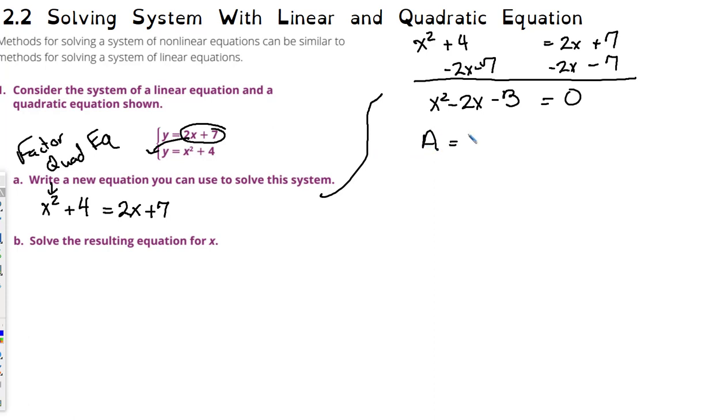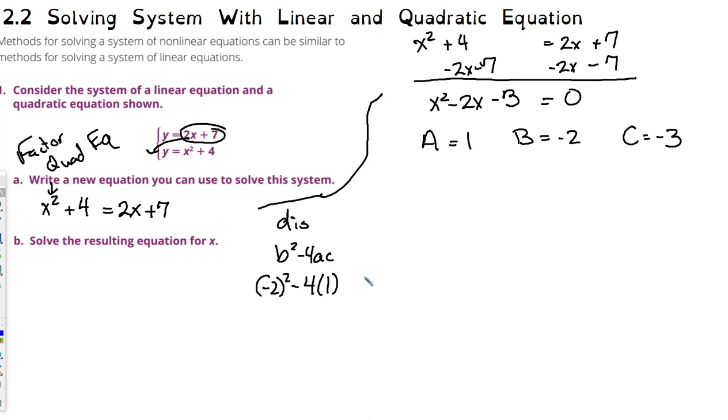So A is equal to 1, B is equal to negative 2, and C is equal to negative 3. And when we plug, the first thing we do when we have a quadratic equation is we want to find our discriminant. And so that's the b squared minus 4ac. So negative 2 squared minus 4 times 1 times negative 3.